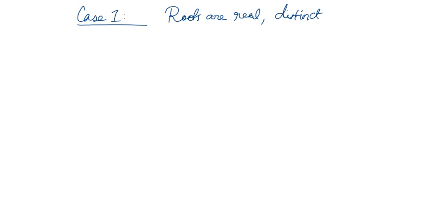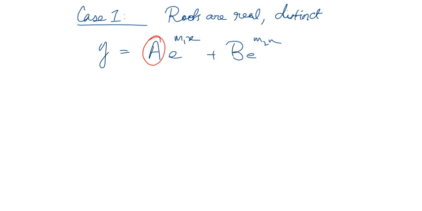In this case, your solution y will be a e to the power m1x plus b e to the power m2x, where your a and b are both arbitrary constants, right? Arbitrary constants, you can assume the values as per the required given IVP question, initial value problem question, right?